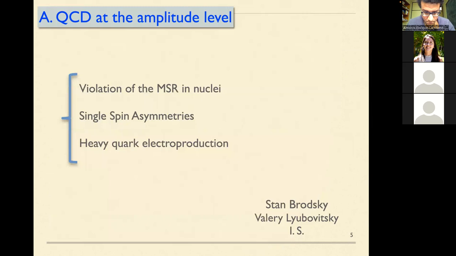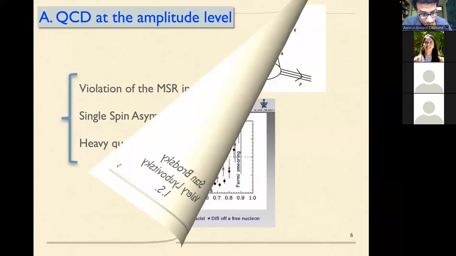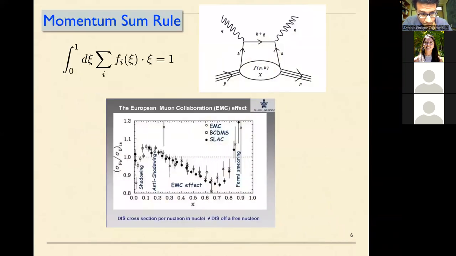The first one is the violation of the momentum sum rule in nuclei. So let's talk about the momentum sum rule. The momentum sum rule comes from the parton model, really, with the collinear approximation, and it can be justified using the operator product expansion.